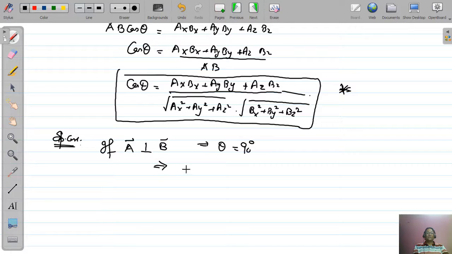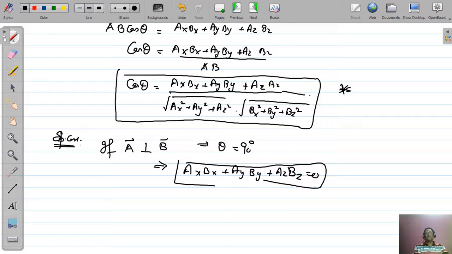This implies that ax bx plus ay by plus az bz equals 0. So we have to remember that if ax bx plus ay by plus az bz becomes 0, it says that vector A and vector B are perpendicular to each other. The angle between them is 90 degrees.